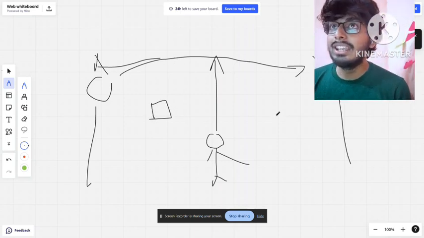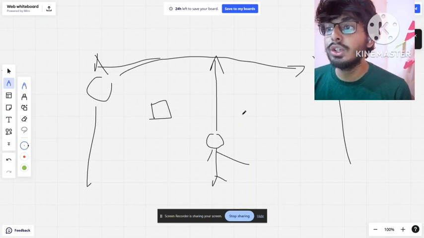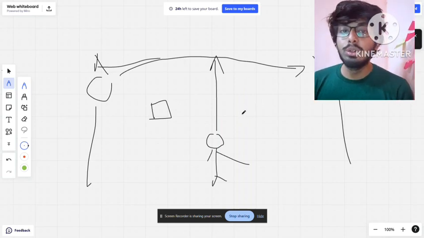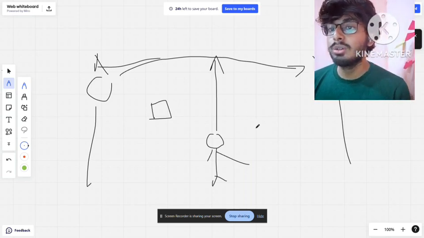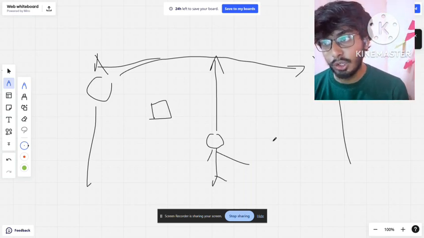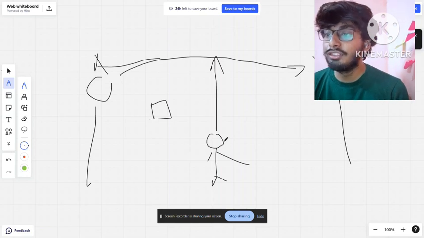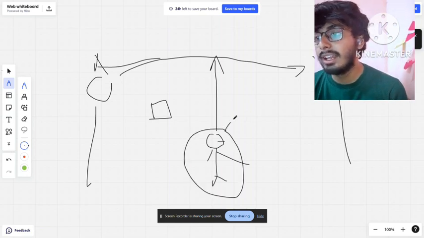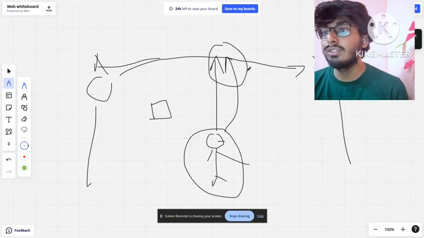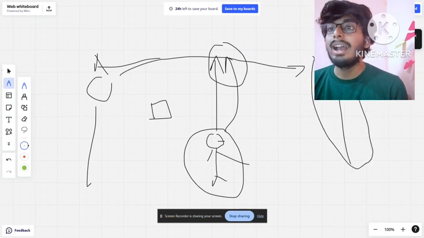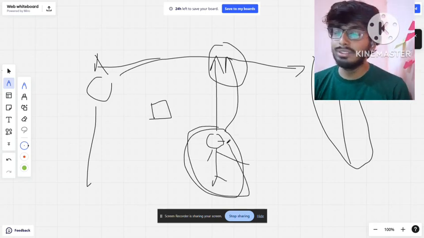For that, he will need to know the state of the photon, and we know that to know the state of the photon, we have to destroy it. So if this person tries to access the data, he will destroy the state of the photon, and this will be noticed by Bob, and he will know that someone is trying to access the data. So it is a failure.